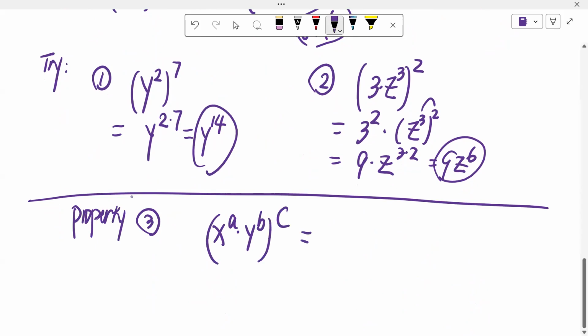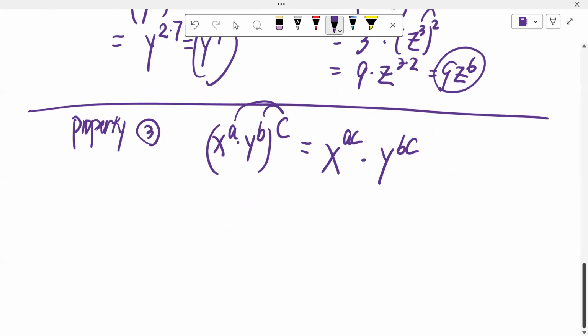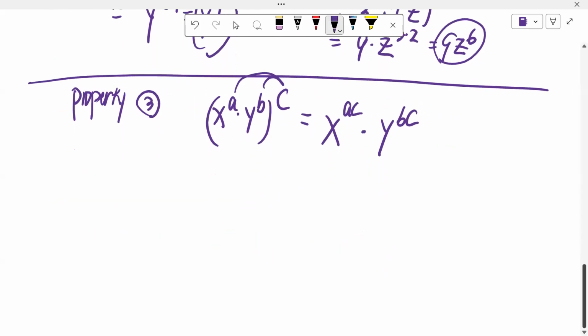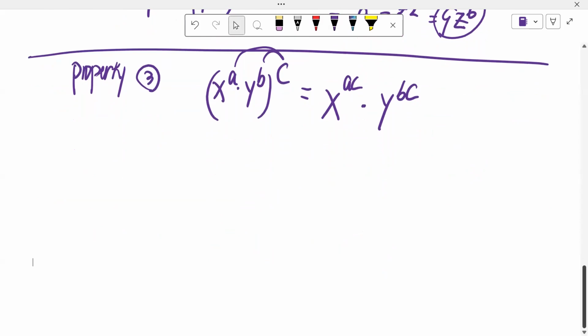Basically, it will be x to the a times c, ac, and then y to the b times c, bc. So that's basically how we simplify this kind of exponent. It's a different base, no, it's not a different base. So let's look at some examples.